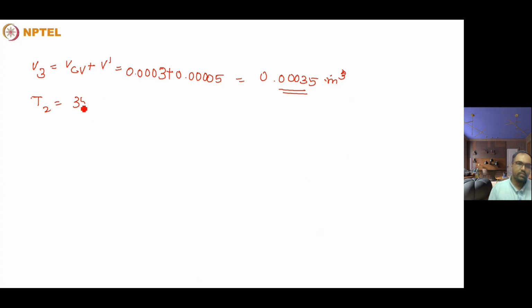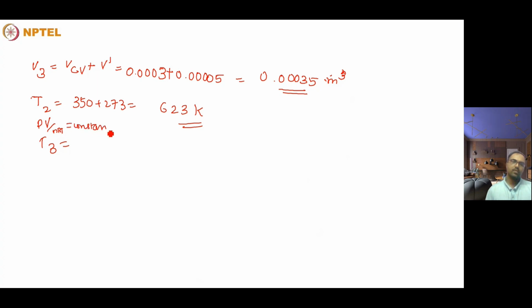So it will be 350 plus 273, around 623 Kelvin. And T3 you can calculate from the ideal gas equation PV equal to nRT. PV by nRT is a constant, so PV by T remains a constant in all the cases.